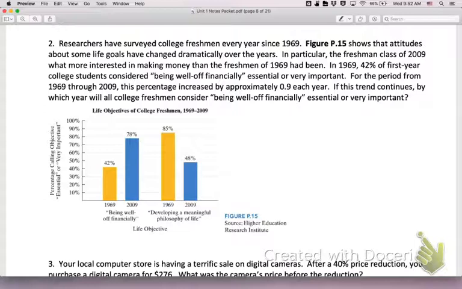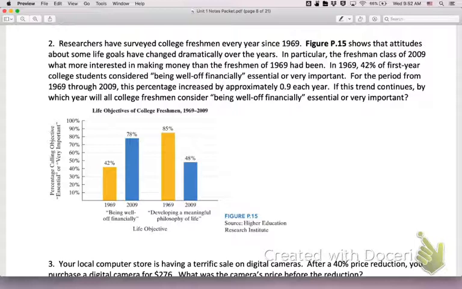In 1969, 42% of first-year college students considered being well off financially either essential or very important. For the period from 1969 to 2009, this percentage increased by approximately 0.9 each year. If this trend continues, by which year will all college freshmen consider being well off financially as essential or very important?